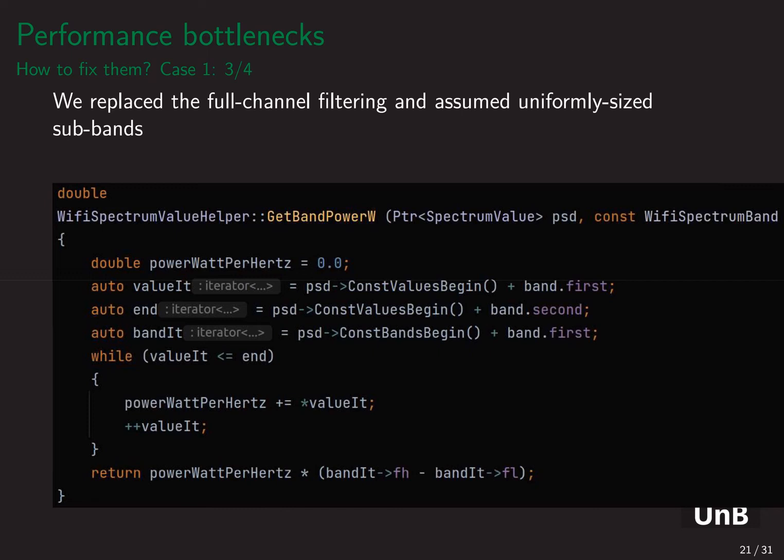In this case, we just read the values of the subbands of interest instead of trying to read everything. By assuming we have uniformly sized subbands, we can also cut away the multiplication for the subband bandwidth and replace that with a single multiplication, which made this code a lot faster than the original.